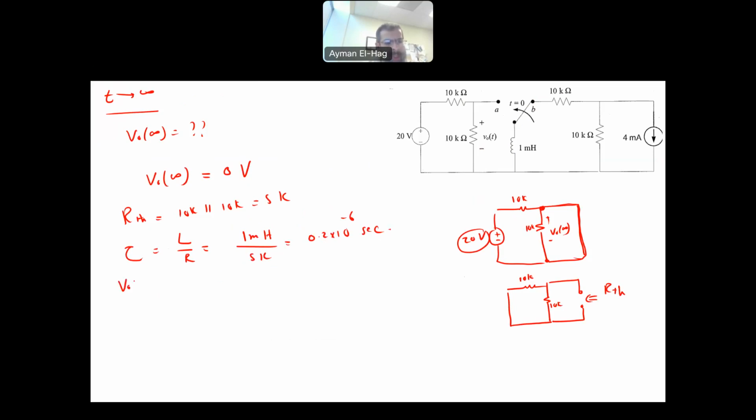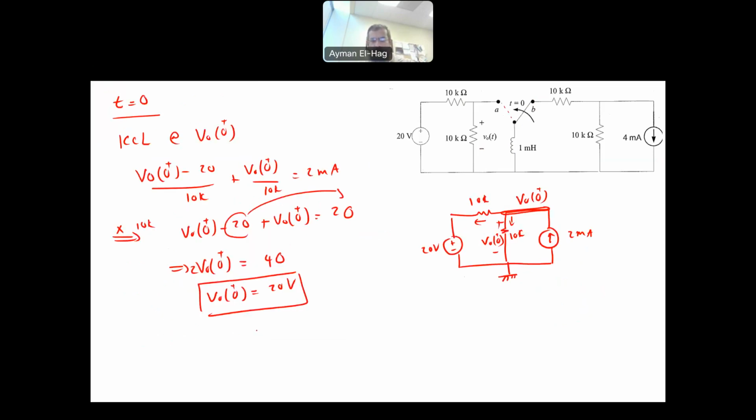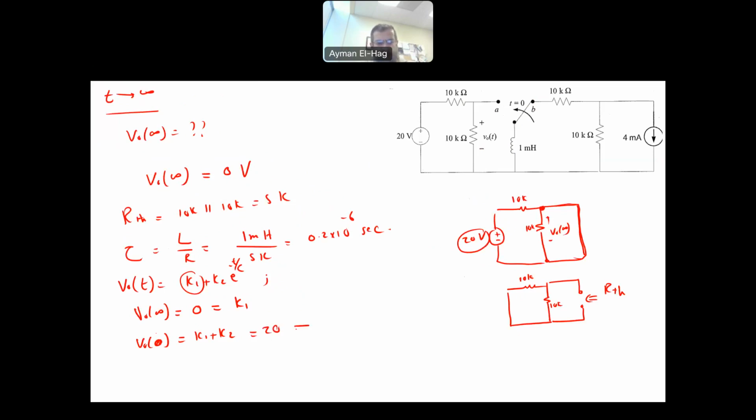Now let's go back here. My V0 of t is equal to K1 plus K2 e to the minus t over tau. V0 at infinity is equal to 0, and this is equal to K1, so your K1 is equal to 0. V0 at 0 is equal to K1 plus K2, and we found this is equal to 20, so your K2 is equal to 20.